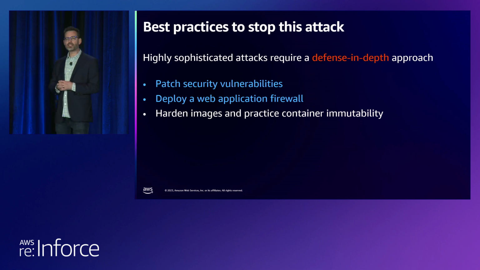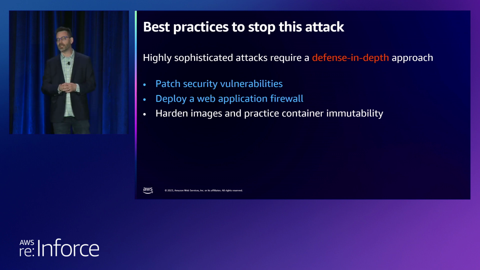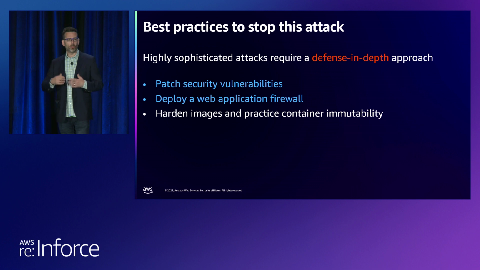Hardening images, practicing container immutability. We were seeing that after initial access, once the adversary has control over a compromised system, the first thing they do is use the built-in tools or available tools on the operating system to advance the attack, to figure out what their privilege level is and what tools exist that they can use to move laterally.